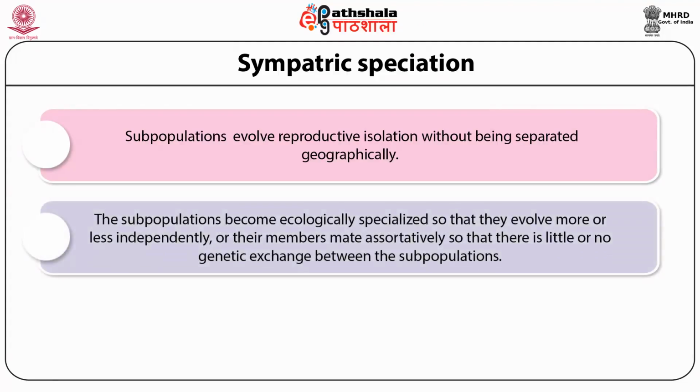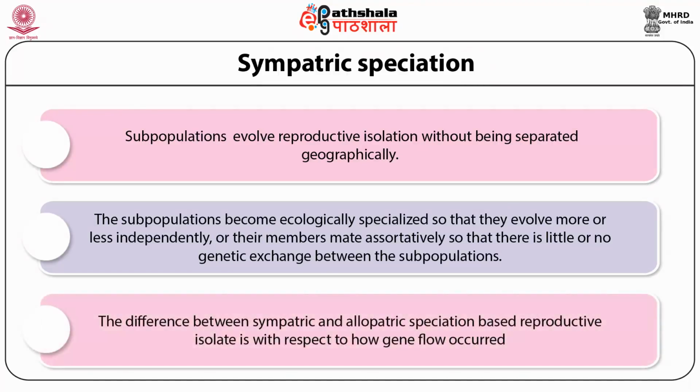The subpopulations become ecologically specialized so that they evolve more or less independently, or their members mate assortatively so that there is little or no genetic exchange between these populations. Once the genetic exchange is limited and no gene flow occurs between the subpopulations, speciation takes place. As a result, even when these two subpopulations reunite, they are not able to mate or produce viable offspring.